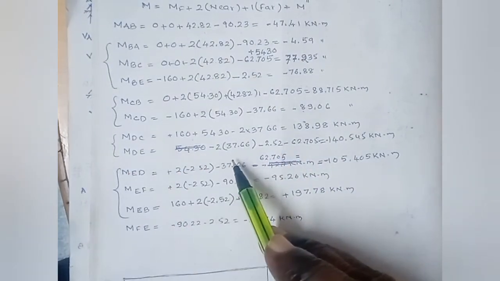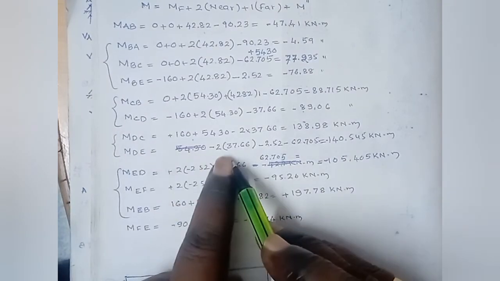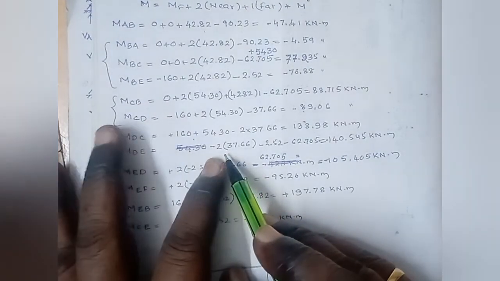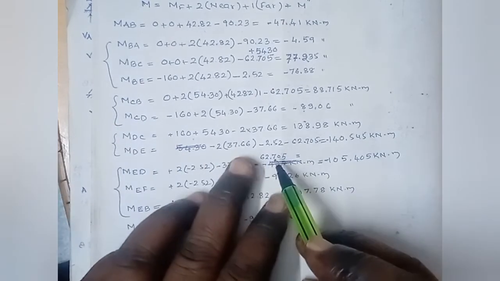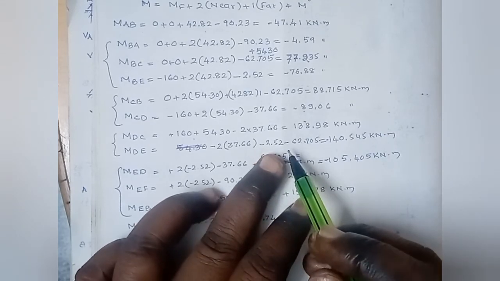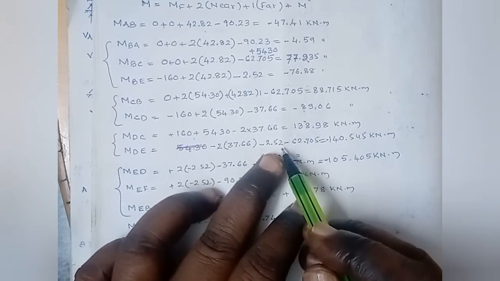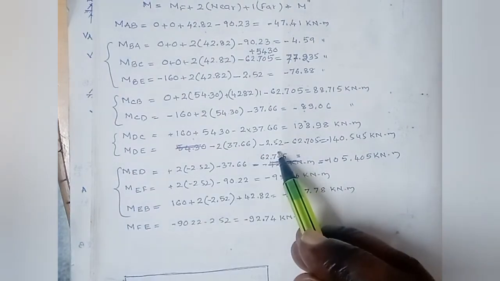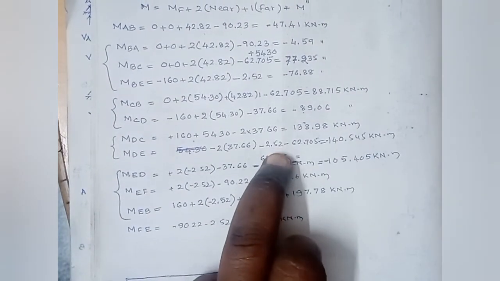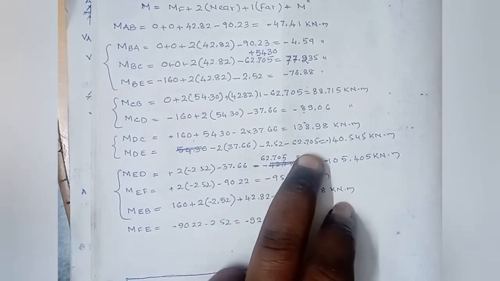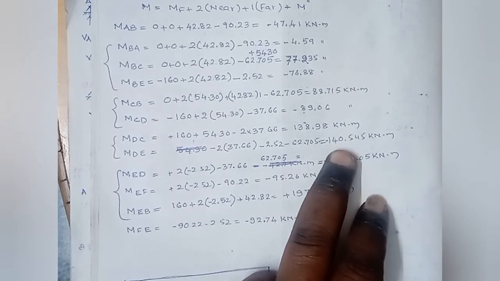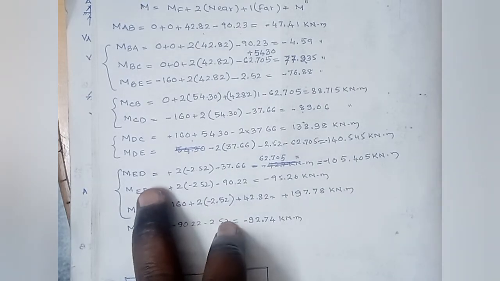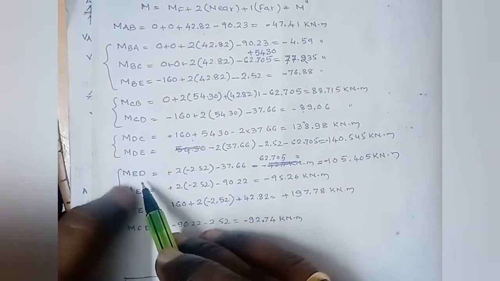MDE, the fixed end moment is 0 for the vertical member, then the near end contribution is 2 times 37.66 minus the far end contribution, that is minus 2.52 from E, the displacement contribution is 62.705, that equals minus 140.545 kilonewton meter.